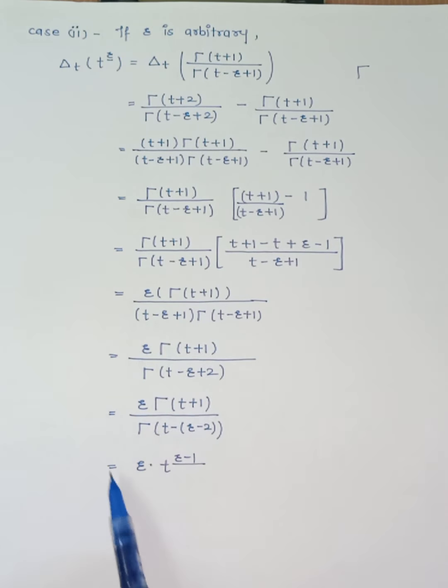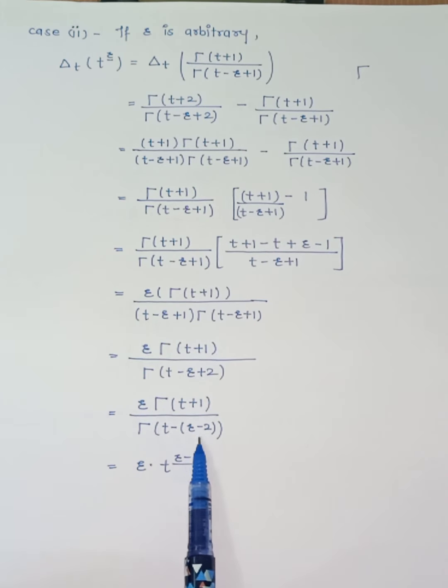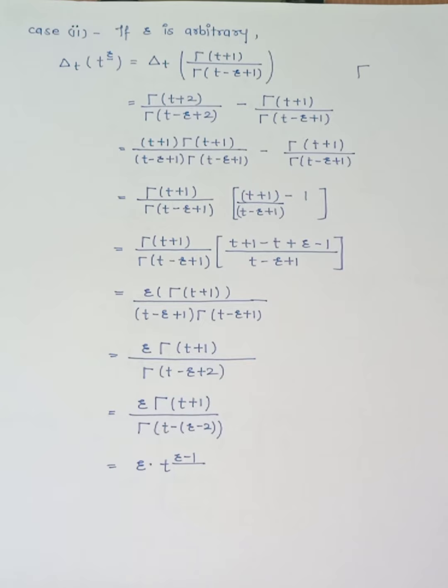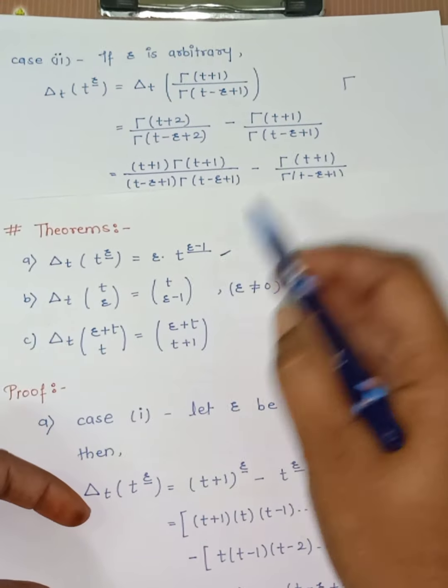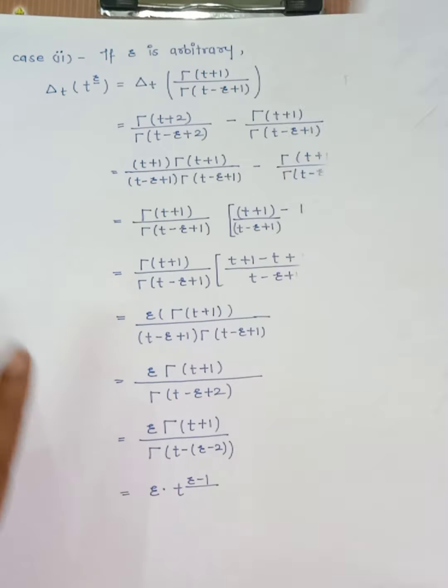And r as it is, and gamma t plus 1 upon gamma t minus r plus 2 will be t to the falling r minus 1. Okay, and that was the answer. So from the first case and from the second case we have obtained that.